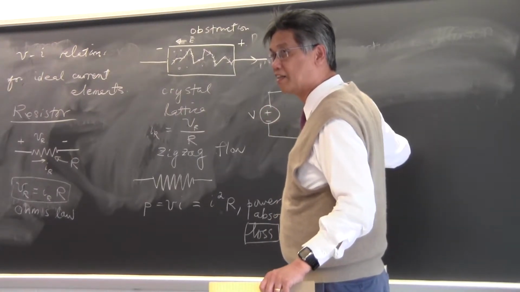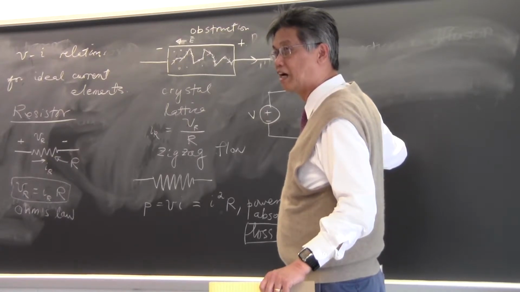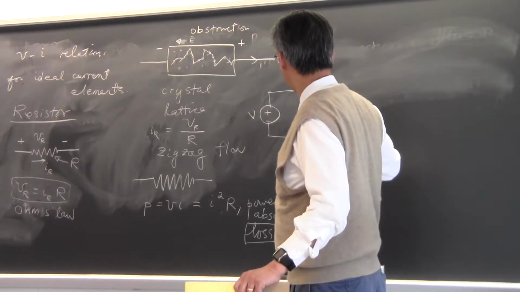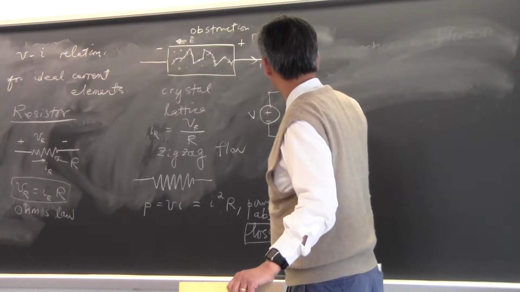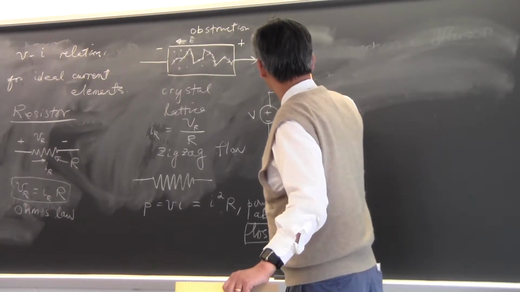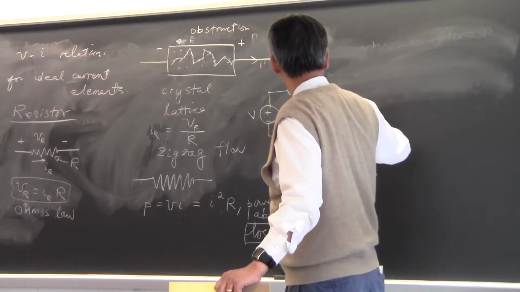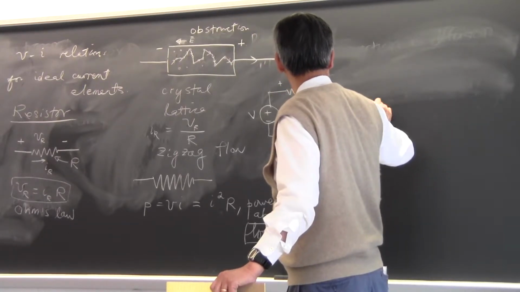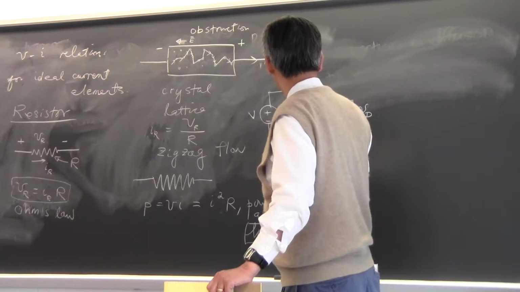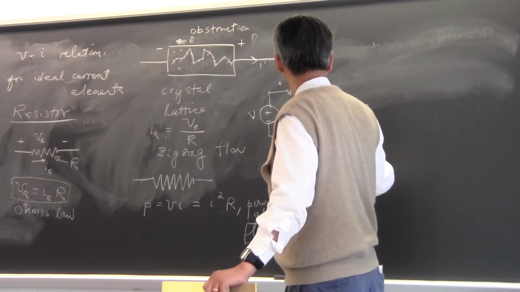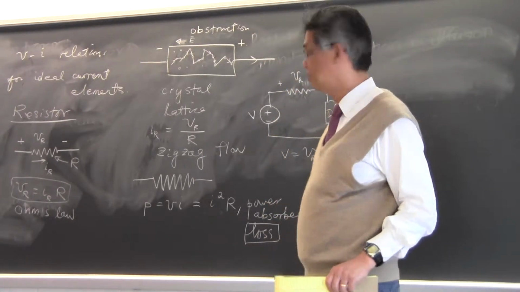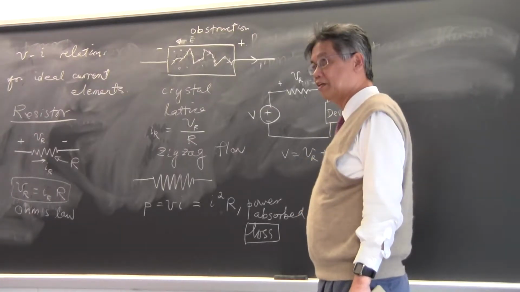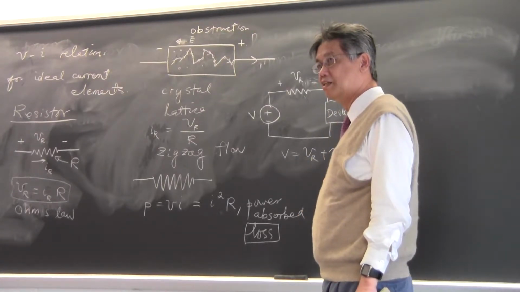It might get fried, depending on what kind of device you have. In order to protect this device, you can put a resistor here. Then there will be a voltage drop across the resistor and a voltage drop across the device, and V will be equal to VR plus VD due to Kirchhoff's voltage law, and the voltage drop across the device will be smaller.